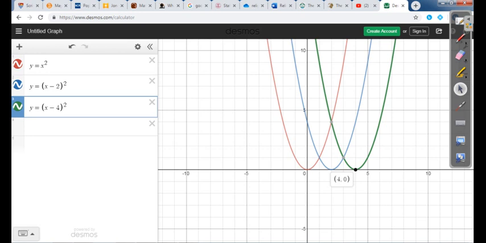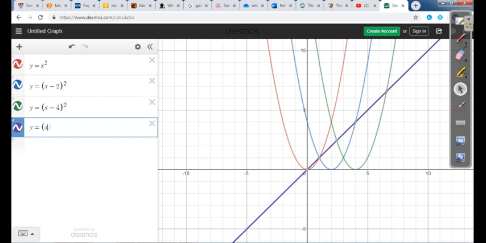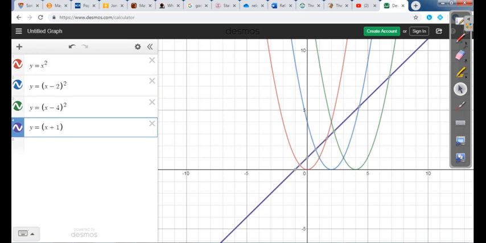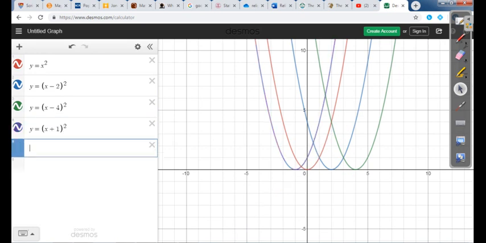Okay? Let's look at the next one. Can you tell me what's the next one? What do we see now? It moved to the left. Okay? So we're noticing something here.